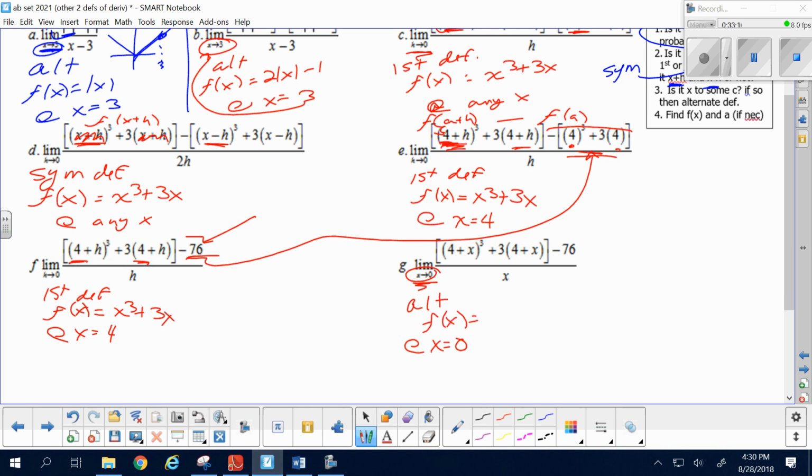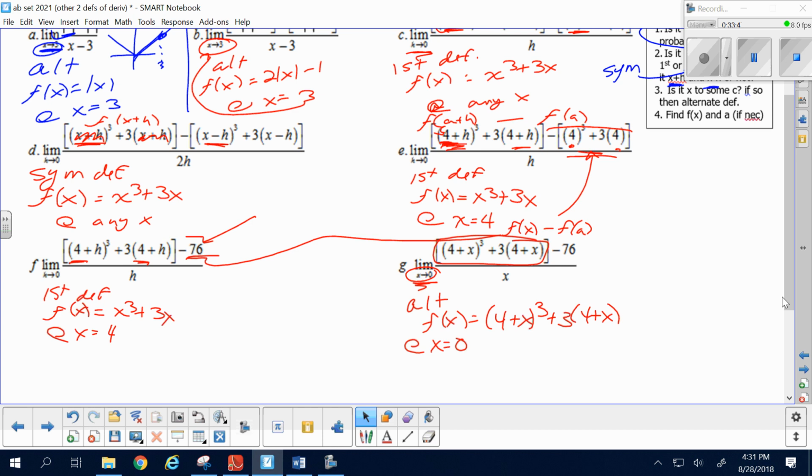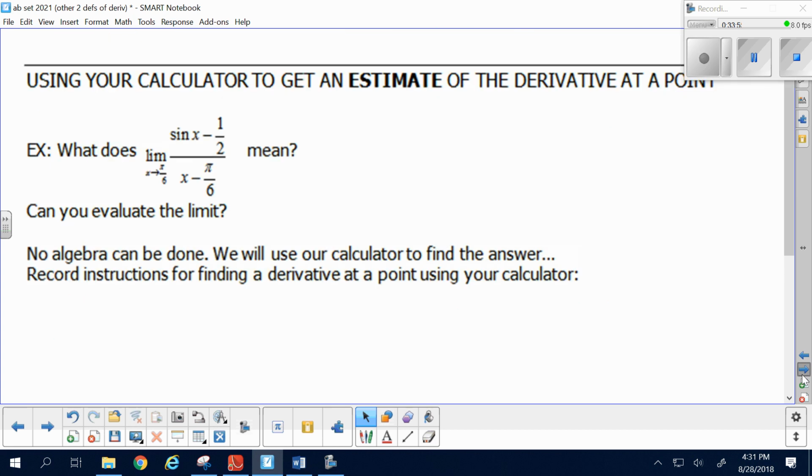Sorry, this is f of x minus f at a up here, so it feels like f at x is exactly what I see there. F of x is 4 plus x cubed plus 3 times 4 plus x. Now that was probably a gotcha. You maybe wanted to say that a was 4 again because we've done that so many times, but no, a was 0, and those 4's were actually part of the function. All right, hopefully you didn't miss that one.